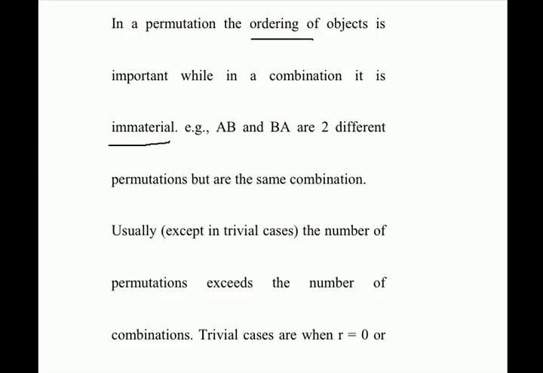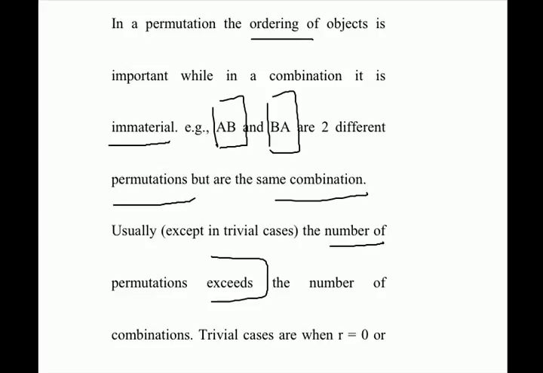So for example, if you have two letters A and B, A and B can be selected as AB or BA, and these are two different permutations but the same combination. And normally the number of permutations always exceeds the number of combinations. So we're not talking about trivial cases here at the moment where you're not selecting anything, so R is 0, for example.